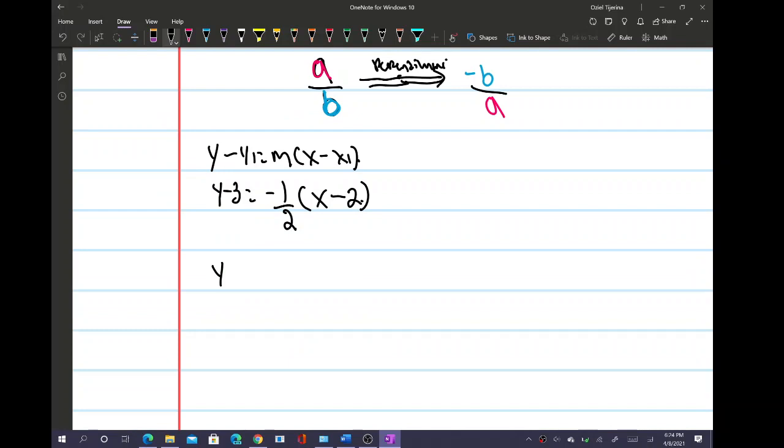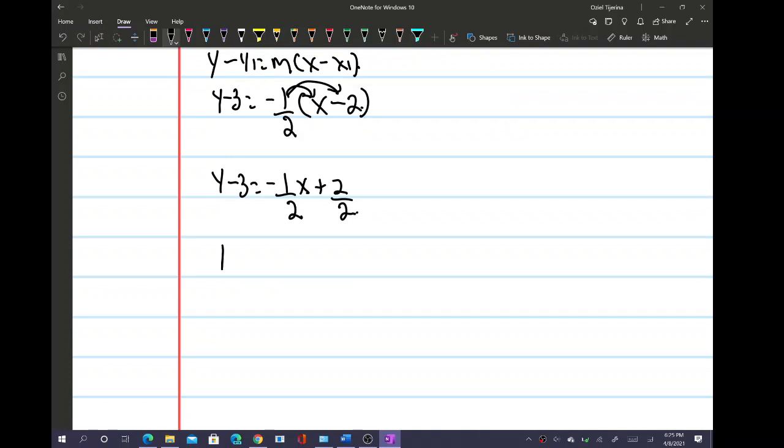We're going to distribute, and it's negative 1/2 times negative 2, which is plus 2 over 2.